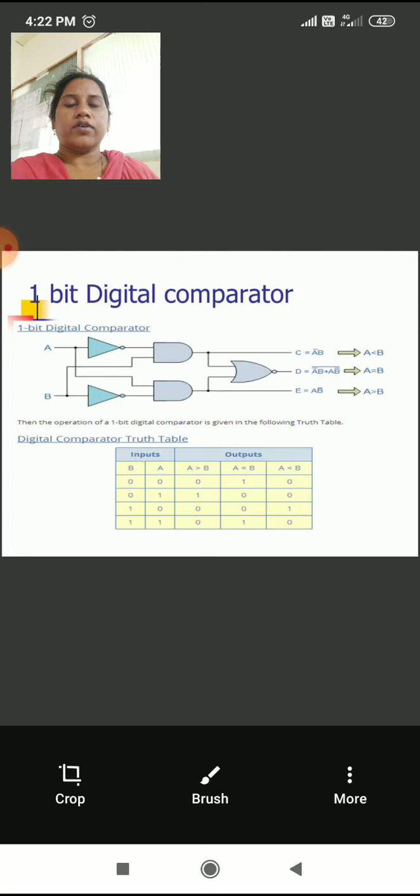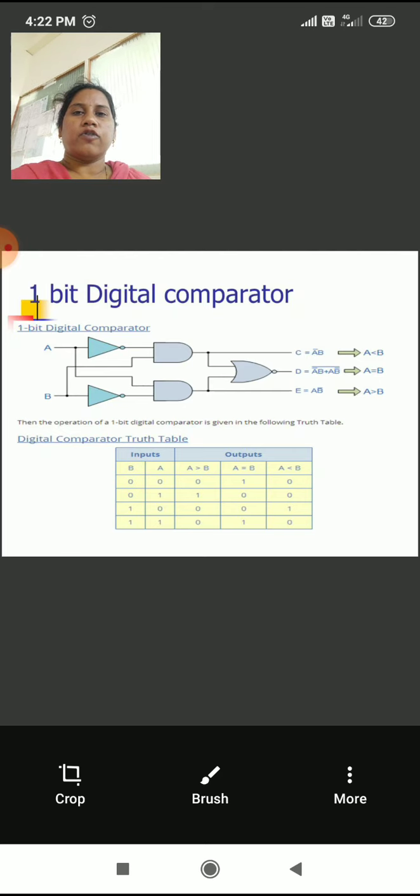The AND gate is particularly used for the multiplication of two single bit numbers, and here we get the output in terms of the multiplication. When we apply two inputs, 1 and 1, the output of the AND gate is 1 into 1, which is 1.